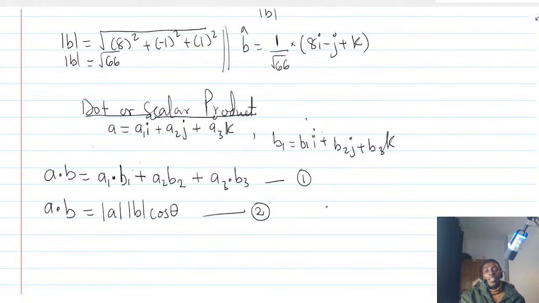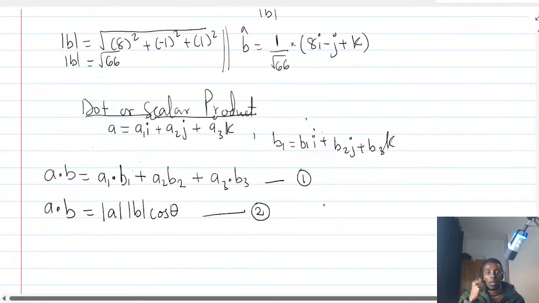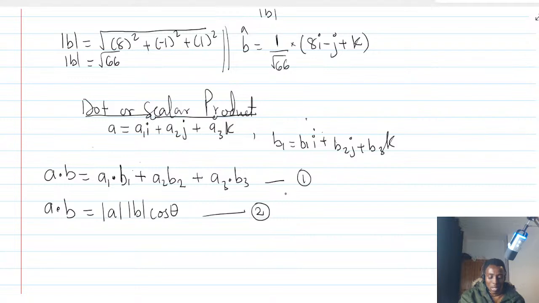So we can say that A dot B is actually A1 B1 plus A2 B2 plus A3 B3, and at the same time we are also saying that A dot B is actually the magnitude of A, the magnitude of B, cosine theta.